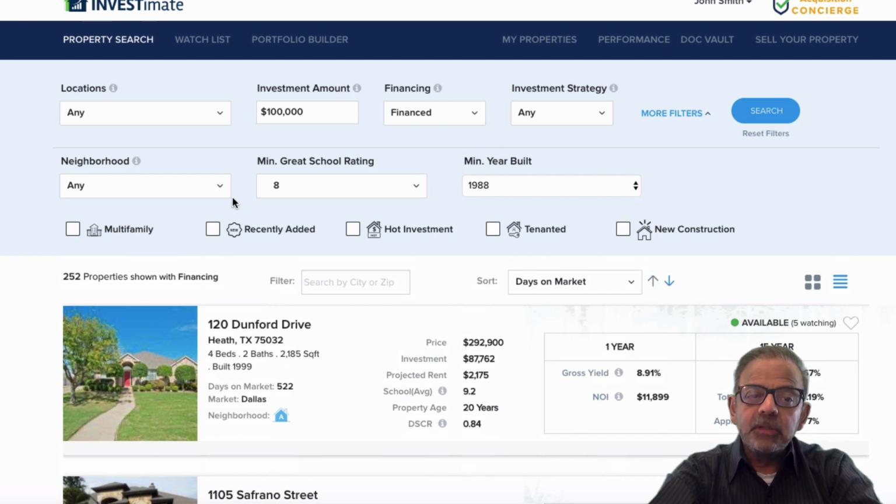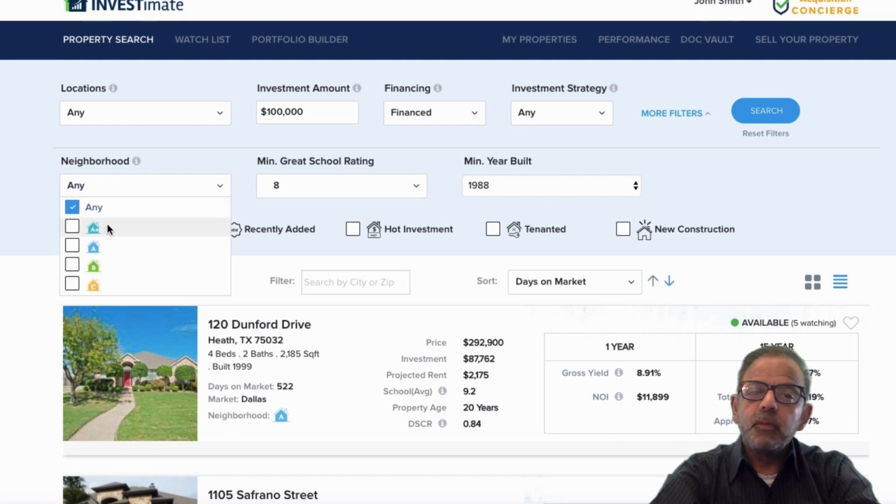Now, in addition to that, we've got a few other things like the neighborhood investment rating. This neighborhood investment rating is a risk-reward calibration on a neighborhood, and they're not necessarily good or bad. A C neighborhood actually gives you a higher yield, it's a little more volatile, and it doesn't have as much growth. An A neighborhood is one that has less yield, a higher quantum of investment, and has a lot more growth.